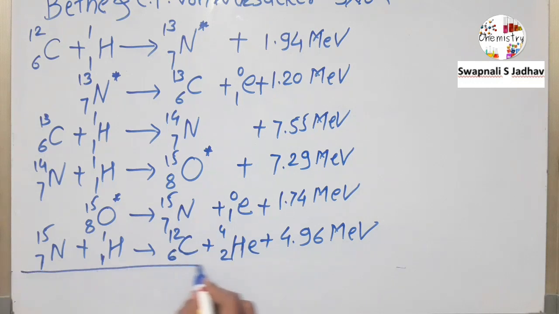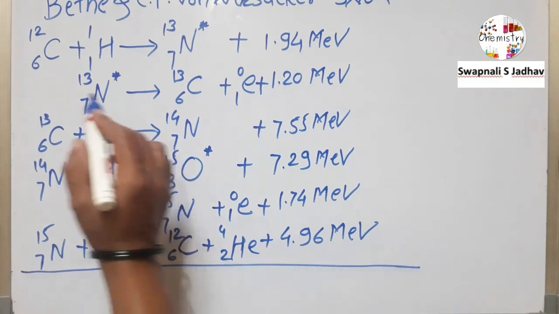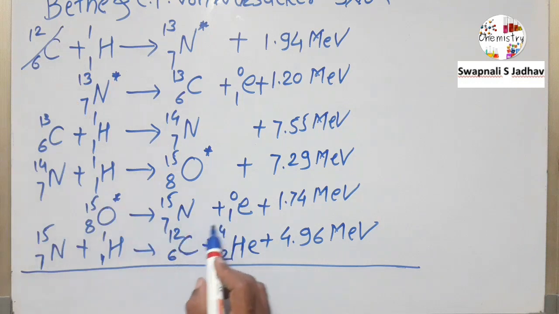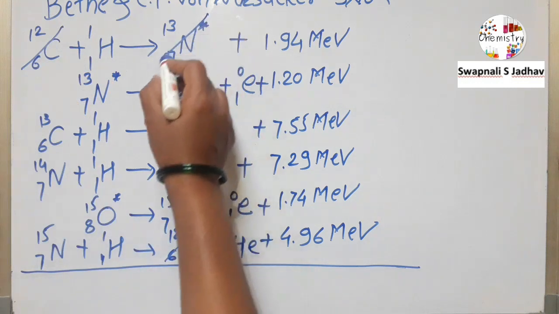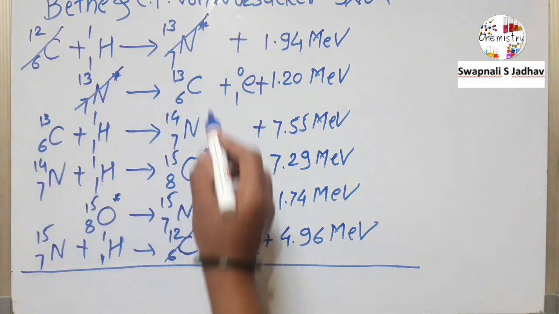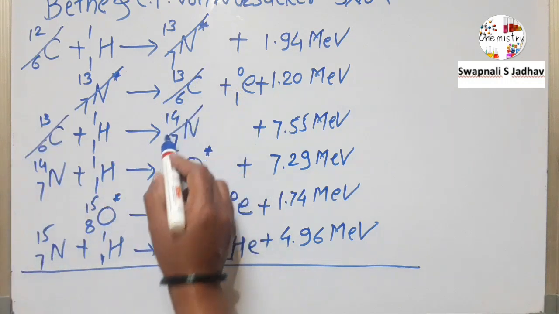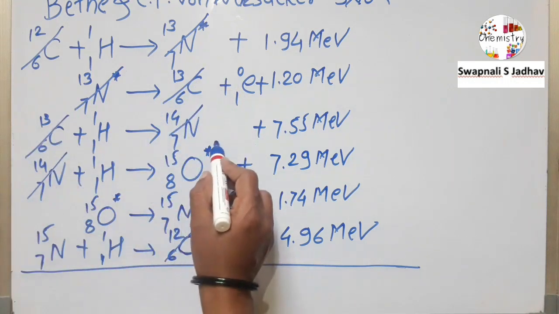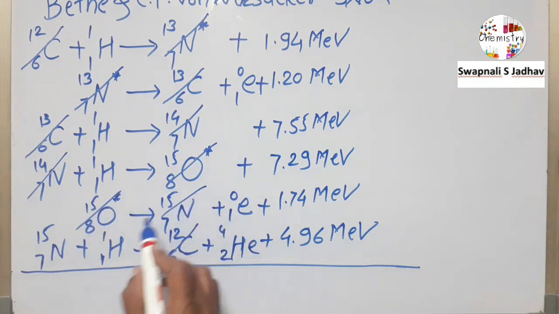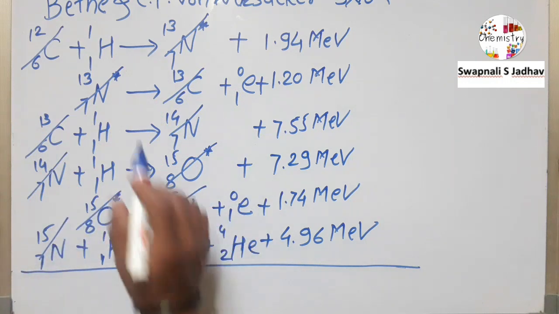So in the overall reaction, carbon 6 12, nitrogen 7 13, carbon 6 13 and the other intermediates get cancelled. So what remains here?